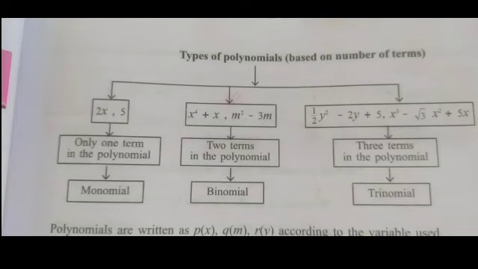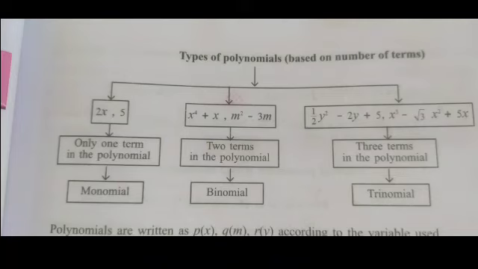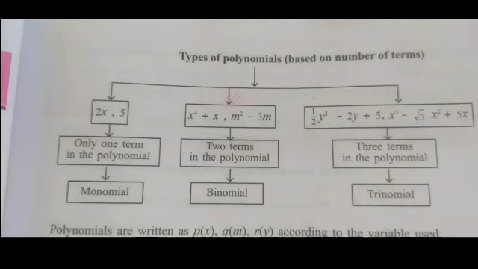The examples given in the third block are 1 upon 2 y square minus 2y plus 5 and x raised to 3 minus square root of 3 x square plus 5x. In these two examples, three terms are present, and that's why it is called a trinomial.